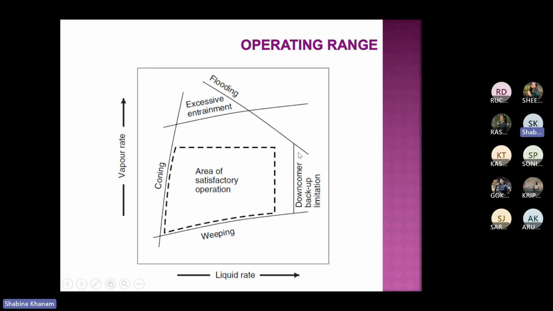So if I fix the flooding, the vapor flow rate can be fixed, and when the vapor is moving upward, then we can have the coning condition, and this coning condition is more precisely for low liquid flow rate. If you see, the range on the x-axis is only this much.